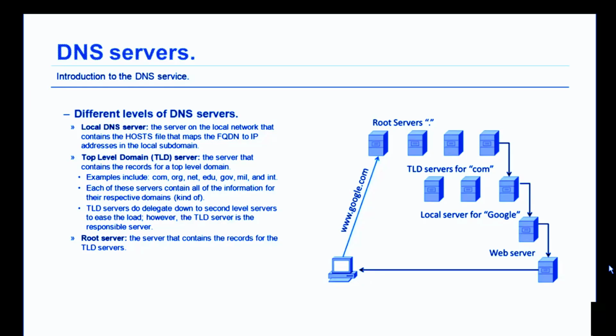And what do I mean by kind of? Well, the TLD servers do delegate down to second-level servers their information. They do that to ease the load so that the TLD server is not overloaded. But the TLD server is the server that is responsible for maintaining the record.